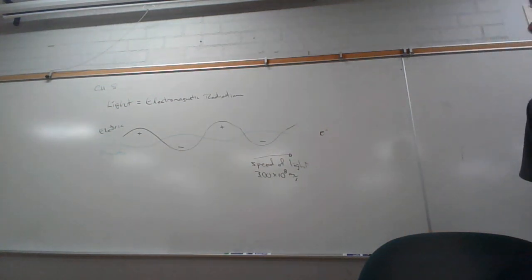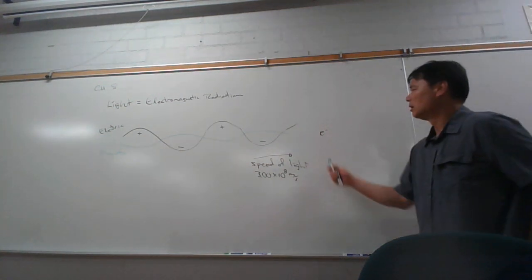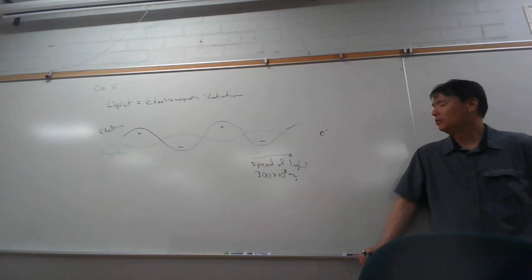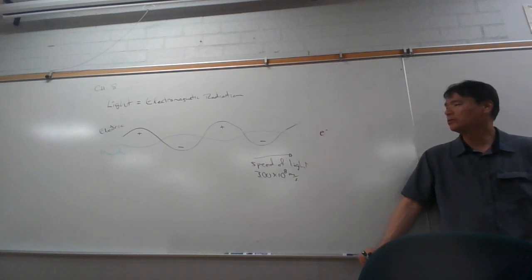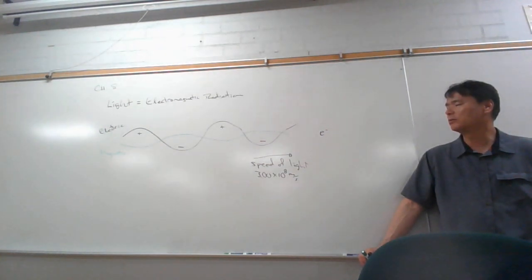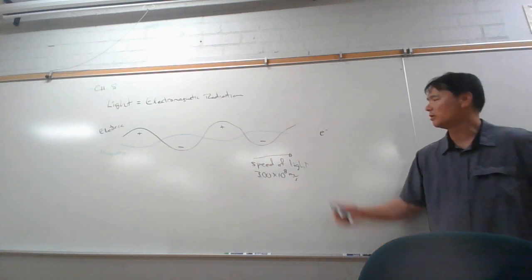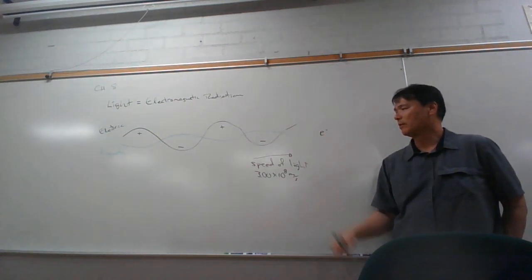But not just electrons. A lot of nuclei are also little magnets, like the hydrogen nucleus, the proton. The proton acts like a little magnet as well. So it's going to have a north pole and a south pole, and it can interact with the oscillating magnetic field.